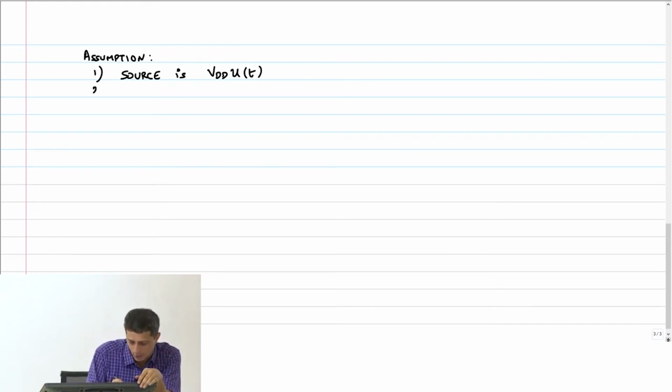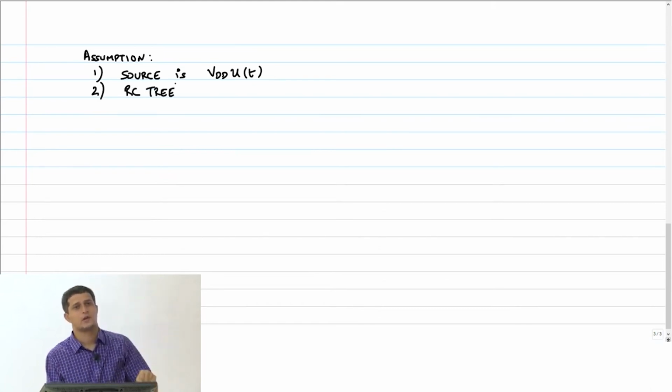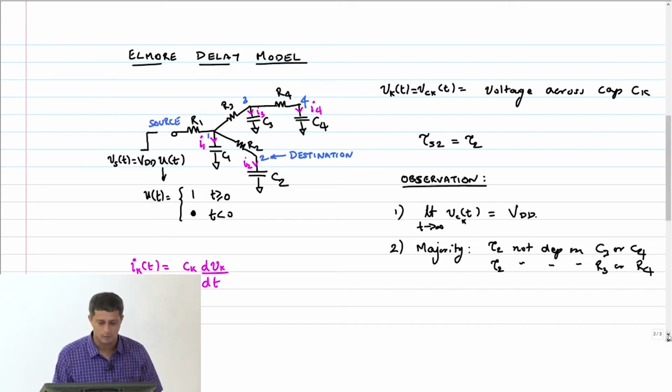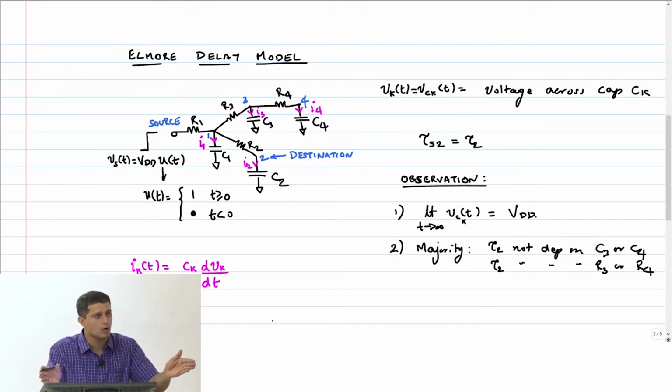Two, this is going to be an RC tree. What does an RC tree mean? It means there are no loops. I don't put an R and then take it back. For example, from node 4, I don't put an R and bring it back to the source node or to node 1. There are no loops. It's an RC tree, it just branches out.